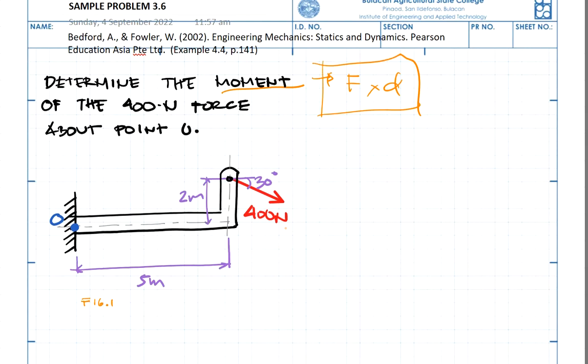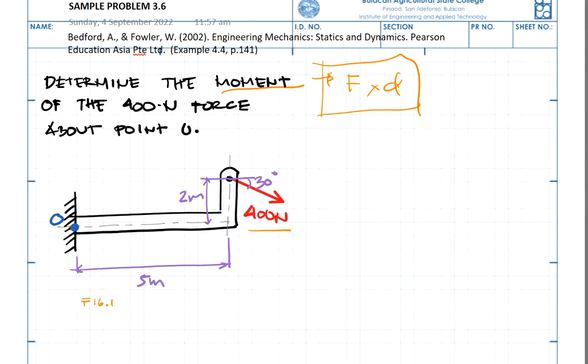We have here the 400 Newton force that acted at the end of this object at 30 degrees clockwise from the positive x-axis, and we need to determine the moment that it creates at this point O. This is our reference point O.